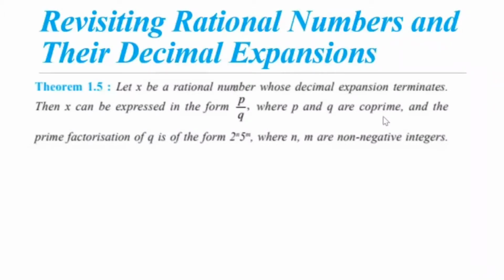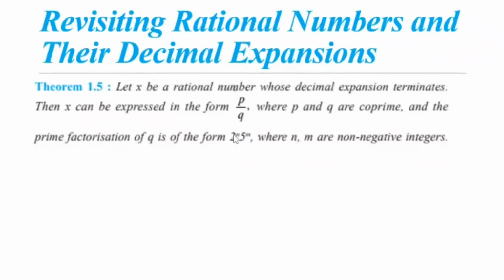I need to cancel out the common factors, and then whatever I get after that, I'll check the denominator of that. In case the denominator can be expressed in the form of 2 raised to the power of n into 5 raised to the power of m, means that it has no other factor other than 2 or 5 or both, then in that case, I can say that the number will have a terminating decimal expansion.